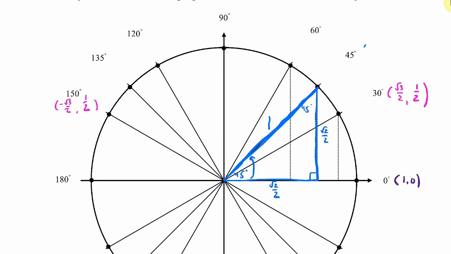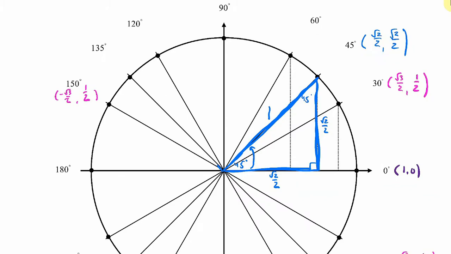Okay, so if I go to 45 degrees, I went to the right, radical 2 over 2 units. And I went up, radical 2 over 2 units. Okay, and now tying it to the other quadrants with reference angles of 45. Well, 45 degrees up from 180 takes us to 135 degrees.